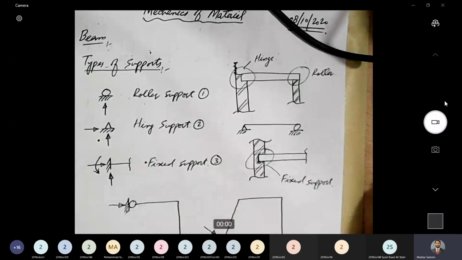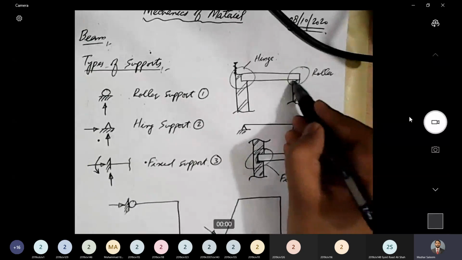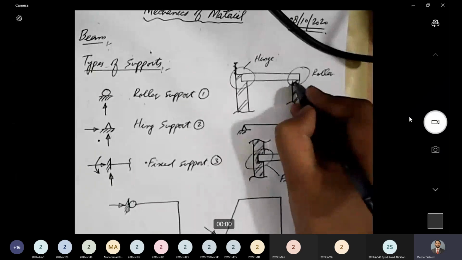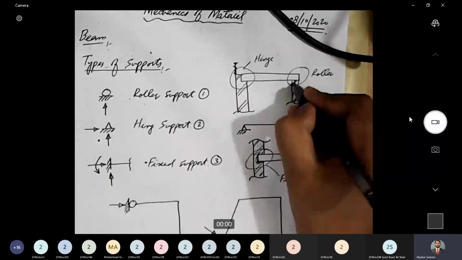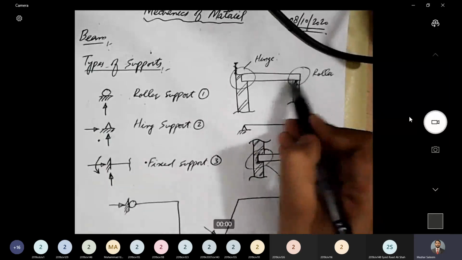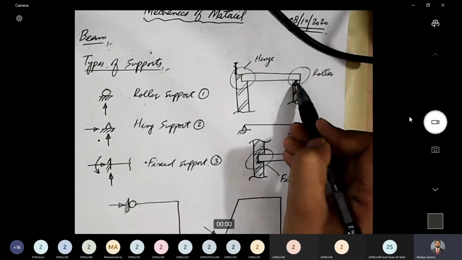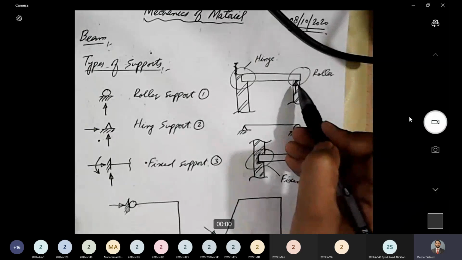The point is that this is the support, and we have only one supporting surface here, so it can provide only a vertical reaction in this case. If this beam has a tendency to move in the horizontal direction, this support cannot restrict that horizontal movement in any case.